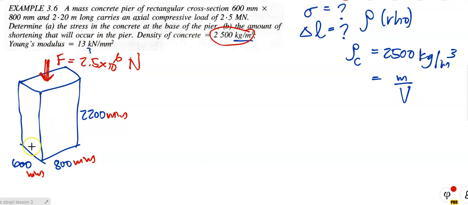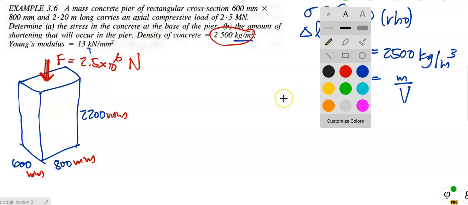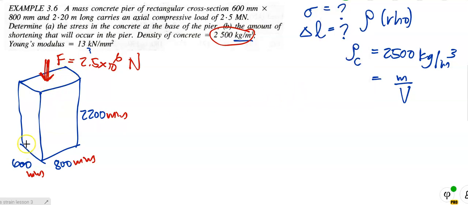Okay, there's my pier, and this bit here will be my cross-section area that's been acted upon by the total loads.